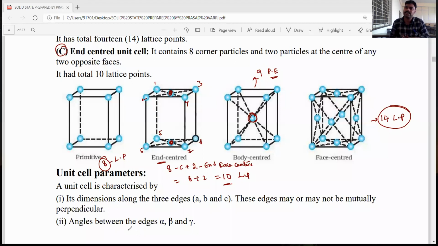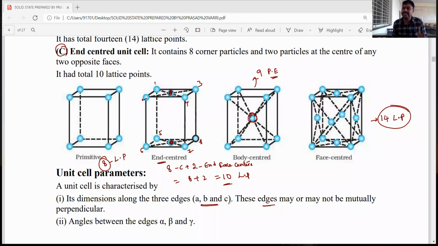There are 3 types of edges, and any 2 edges attach with each other making one angle, known as edge angles. 3 types of angles are present: alpha, beta, and gamma. And the 3 edge lengths are represented by A, B, C. So total there are 6 parameters in every unit cell.